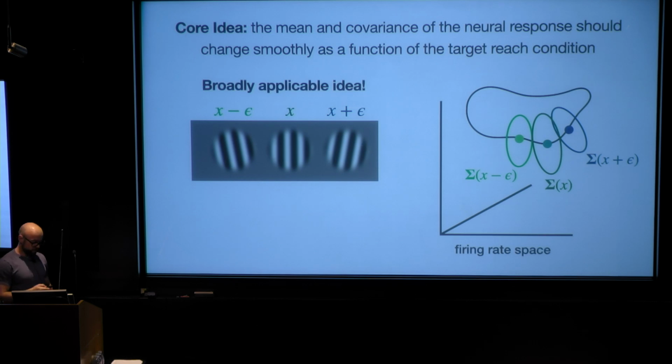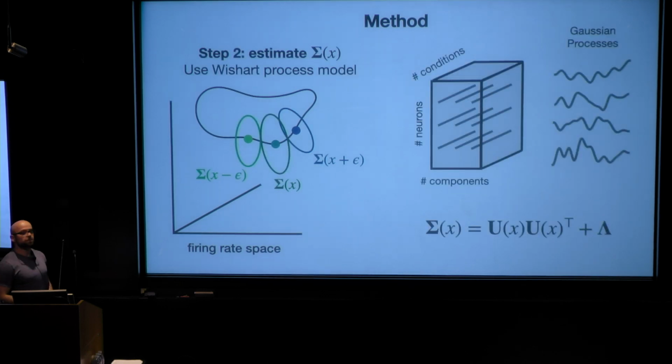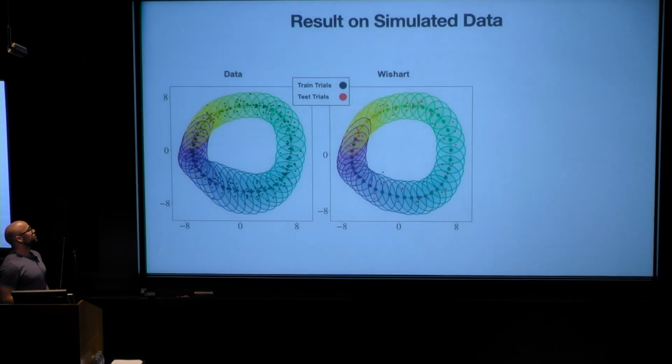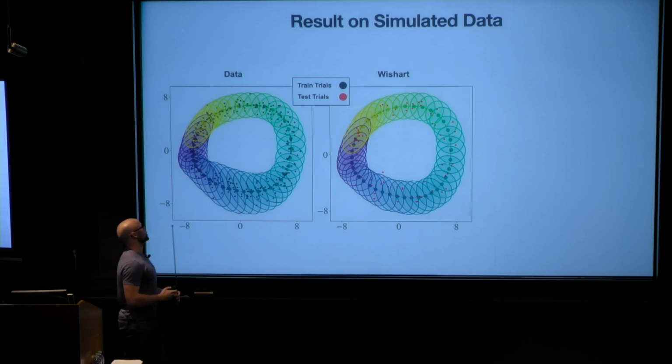Okay, so I guess I'm kind of taking questions as I go. I'm somewhat running out of time, but okay. So very quickly, the punchline to this talk is that Gaussian processes work well, and Wishart processes also work super well.